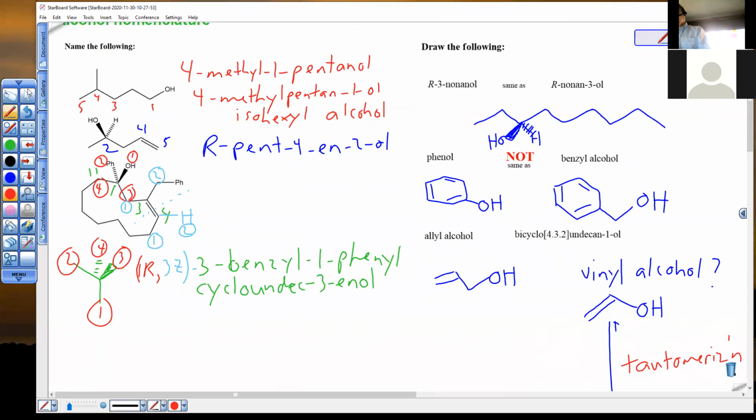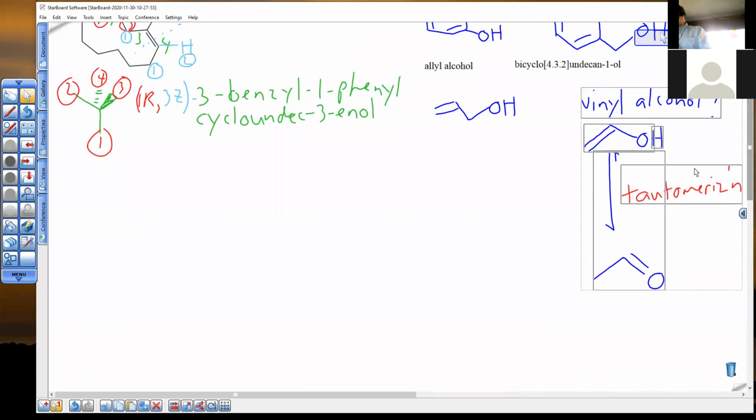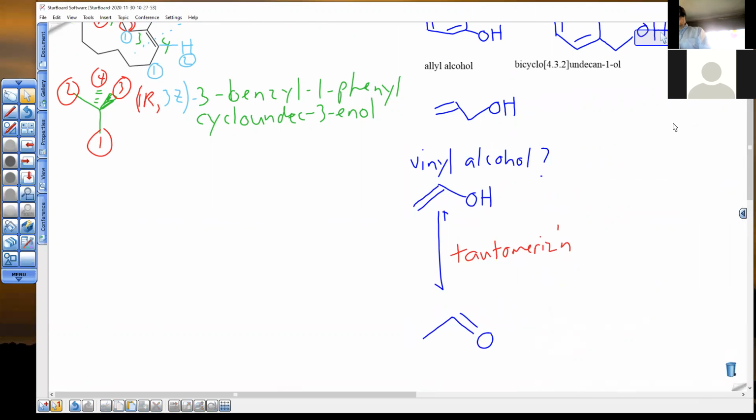And then we have a bicycloundecan-1-ol. Move that over here. And I kept the stereo centers off because I don't want to spend too much time on nomenclature. You got your 2 dots. 1, 2, 3, 4. And then 3, 1, 2, 3.